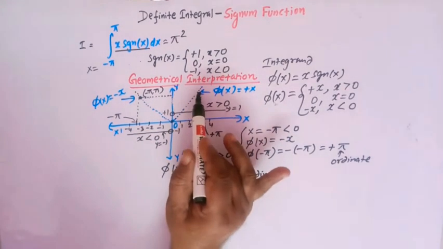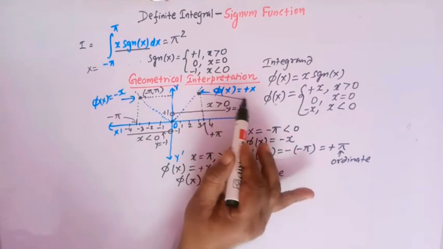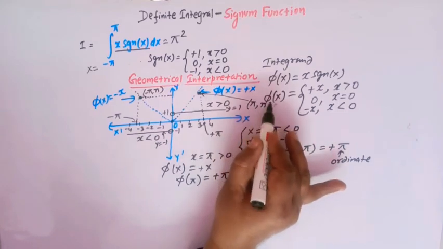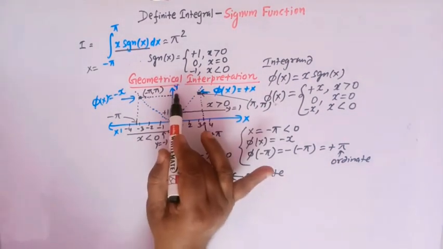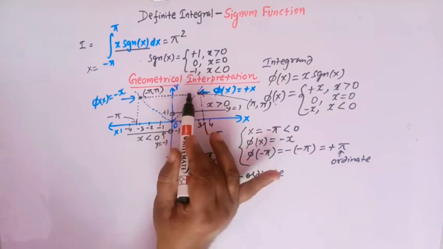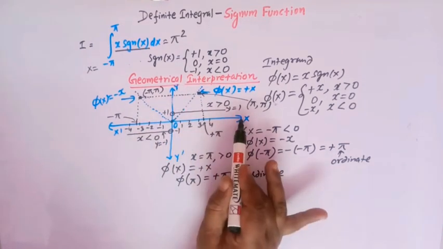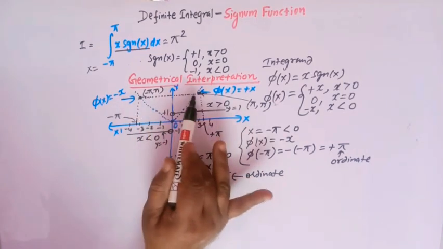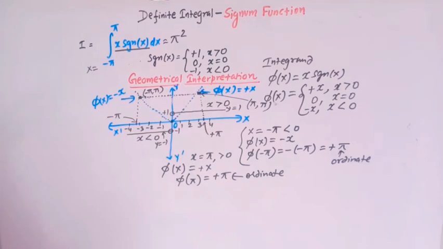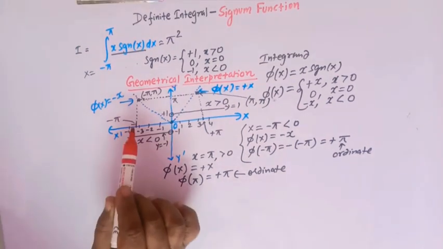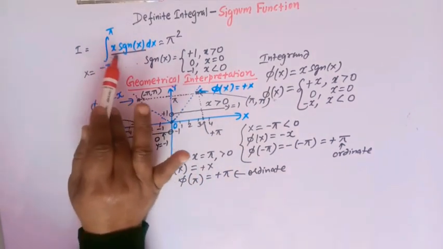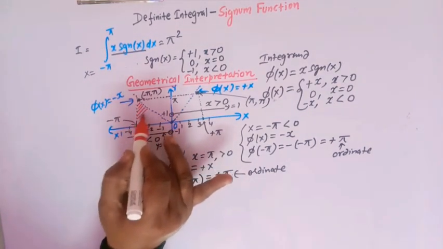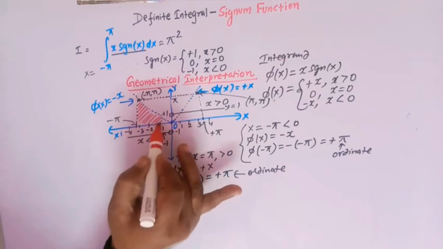So now this point is pi comma pi. And if we draw a line parallel to the x-axis, then we see that the area enclosed by this function is given by this shaded region.